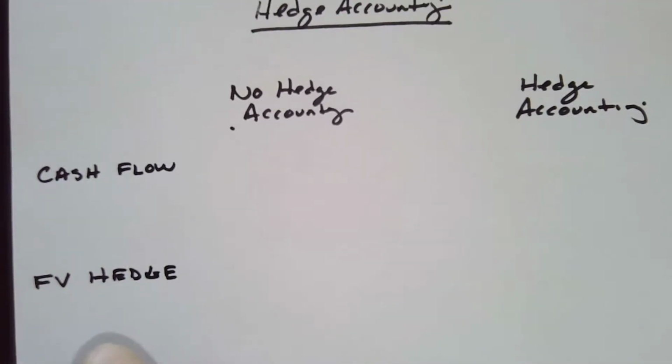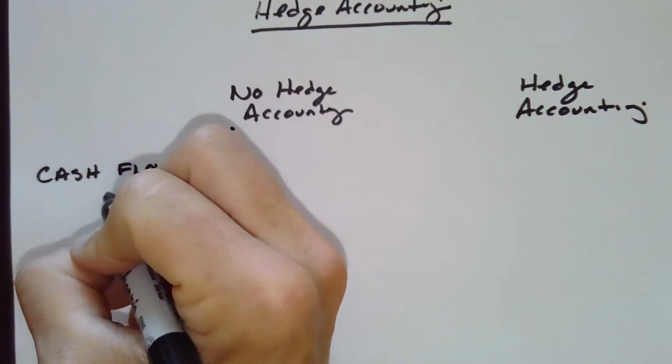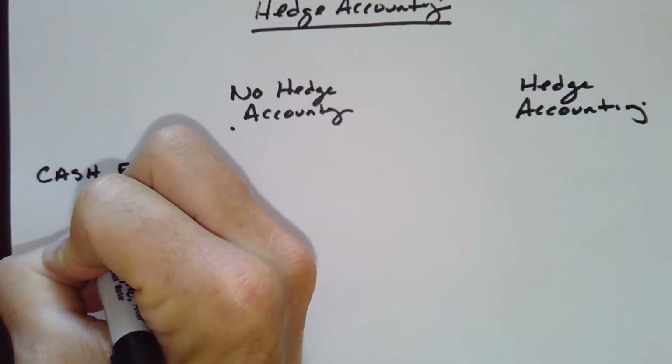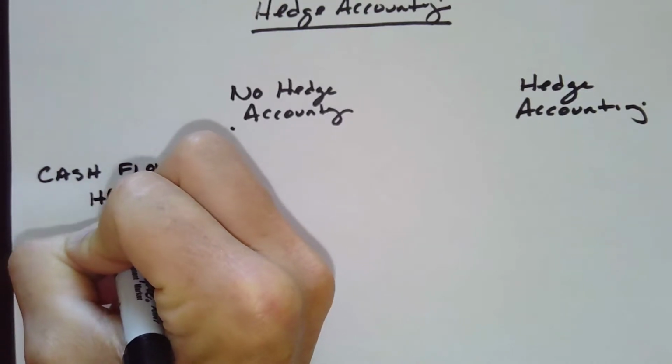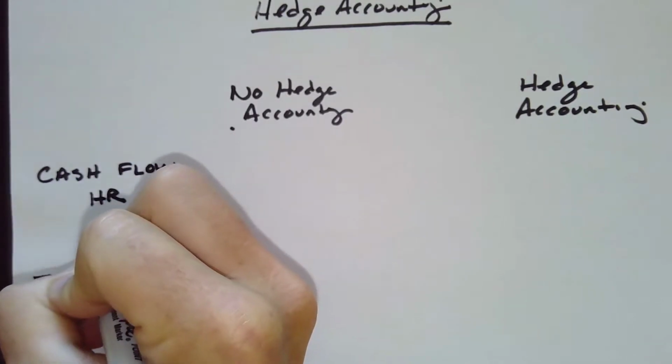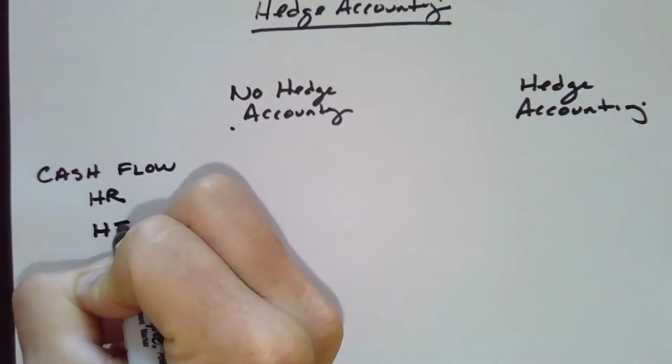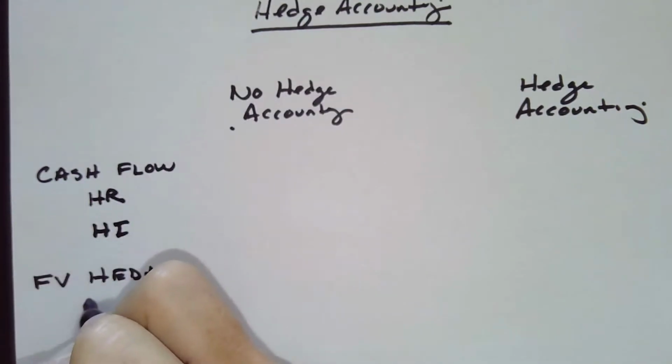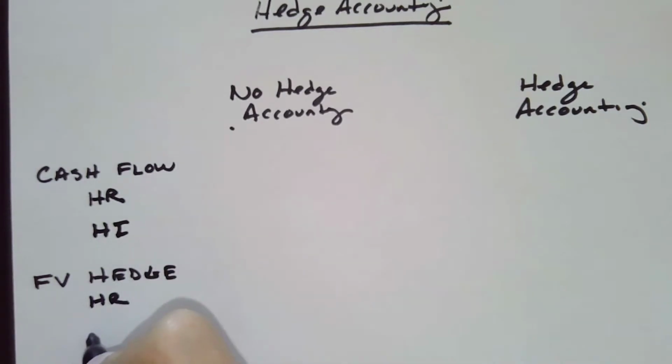And we've got our net investment. Okay? And with each of these, we have the hedged risk and the hedging instrument, which is a derivative. Hedged risk, hedging instrument, hedged risk, hedging instrument. Okay?